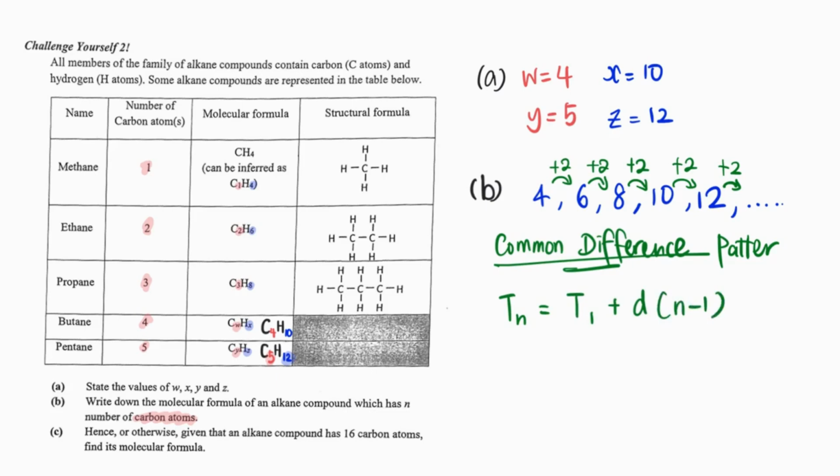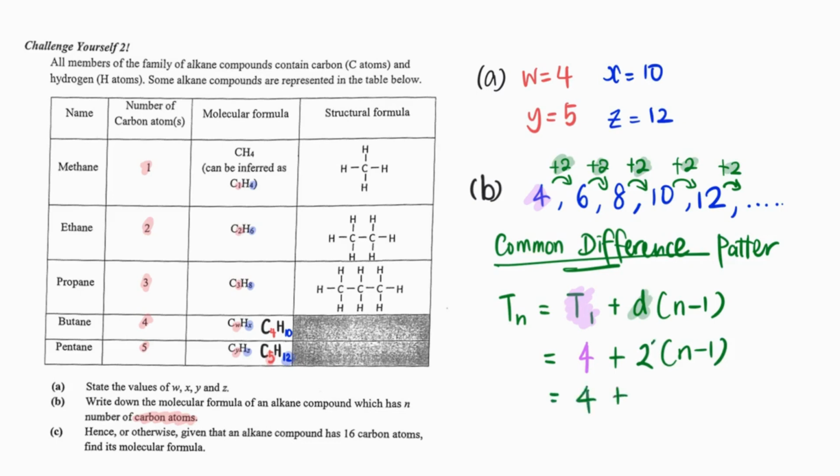Where now we have our term 1. The first term is number 4. And we always add 2, yeah? So 2 is actually the common difference. So d will be 2. And I have 2 times n minus 1. And we just need to continue to expand and simplify.